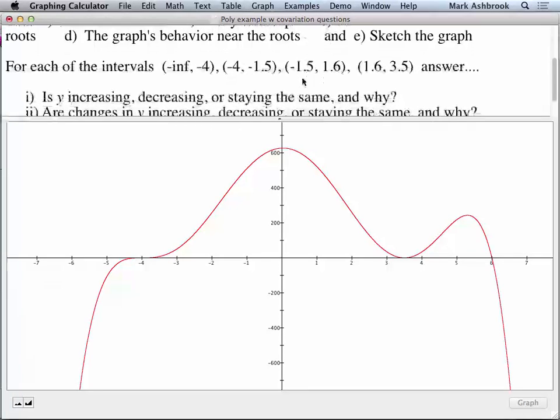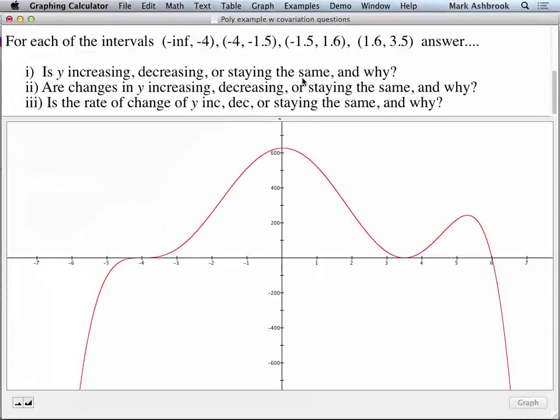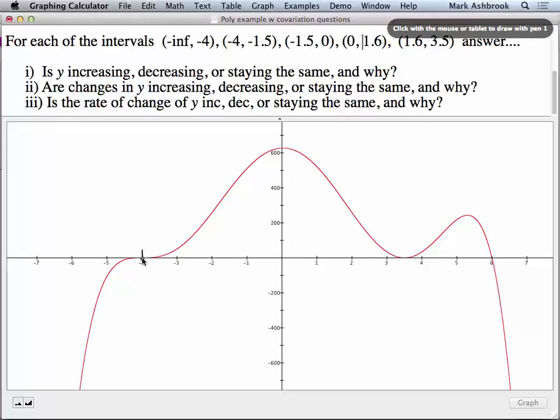Other questions? Okay, so then I have some questions for you about this graph. We already did all that. So there's 5 intervals. Here from -infinity to 4. I'm going to make black lines to mark off the intervals. From -4 to -1.5, or just about there.